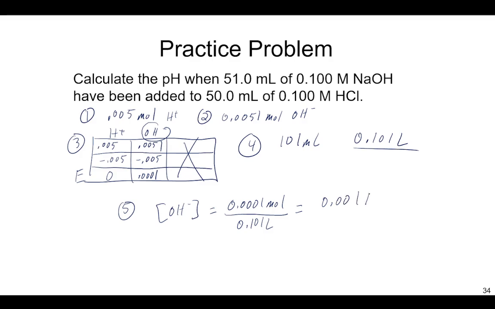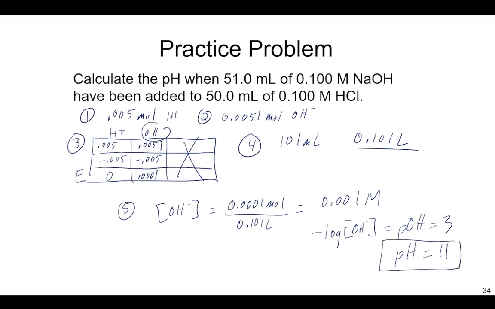And I get something like 0.001 or close to it molarity. Negative log of this OH minus concentration is my pOH of 3. And I can get the pH then by doing 14 minus that to get 11.